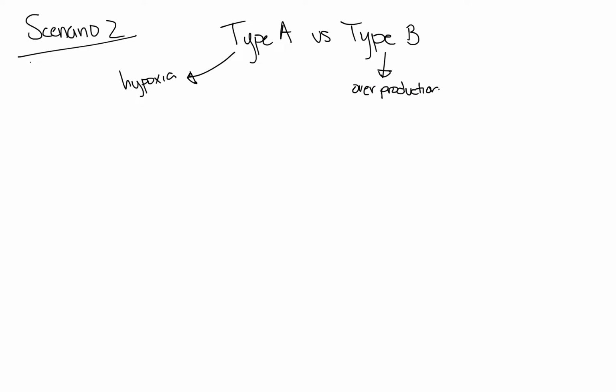But type B lactic acidosis is essentially everything else, and this is an overproduction of lactate for some reason. I want to give you a framework to think about that.